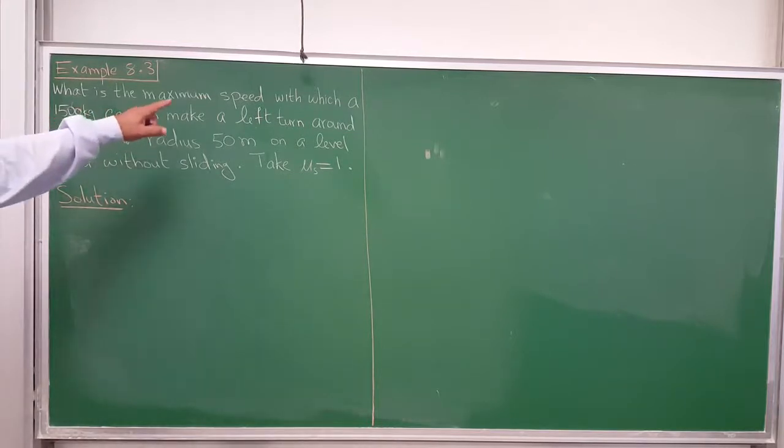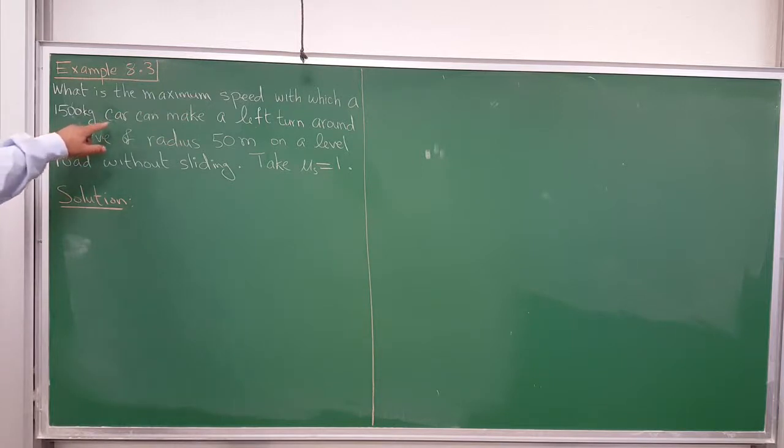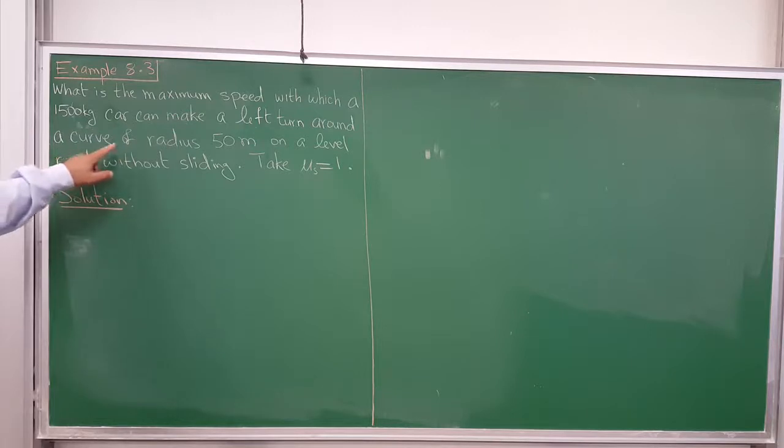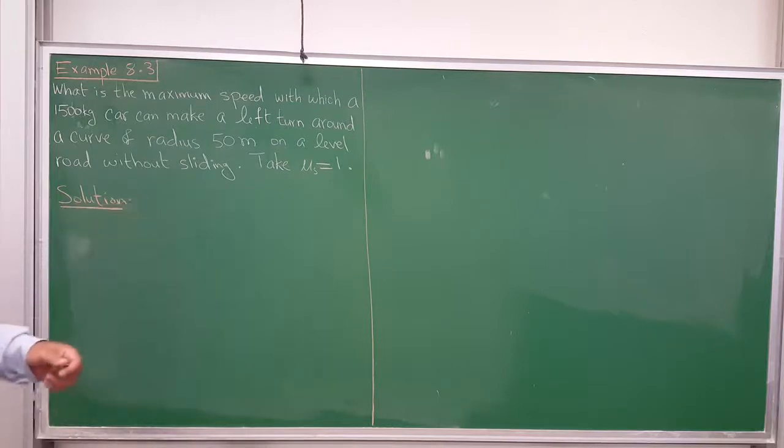What is the maximum speed with which a 1500 kilogram car can make a left turn around a curve of radius 50 meters on a level road without sliding? And then they say, assume that the force of static friction is 1.